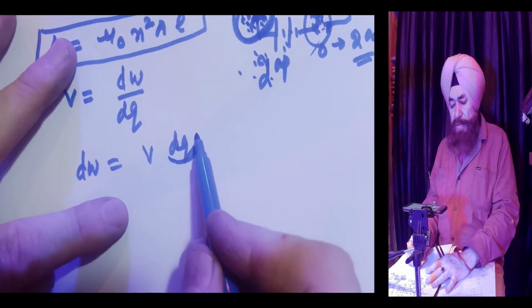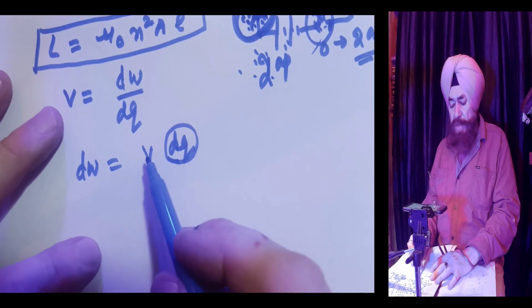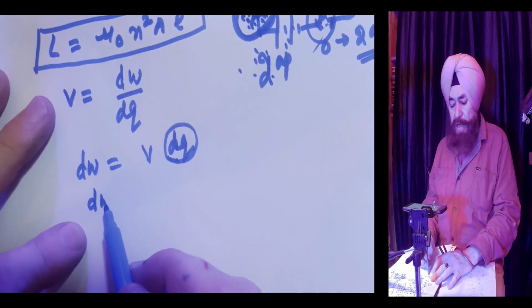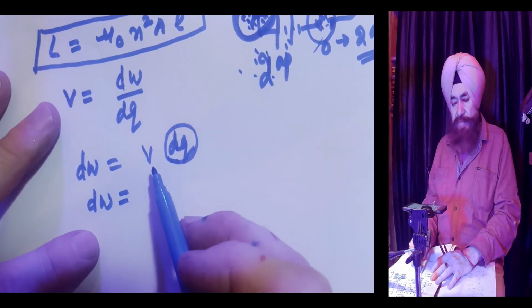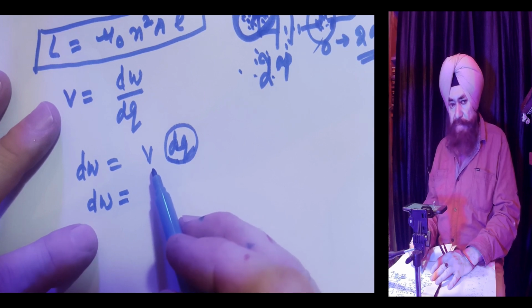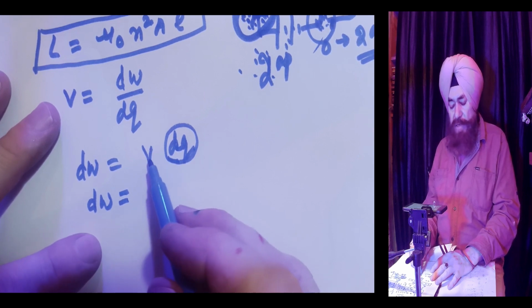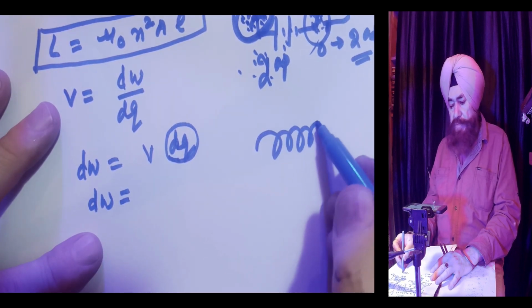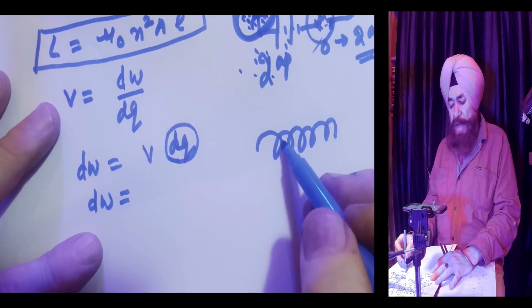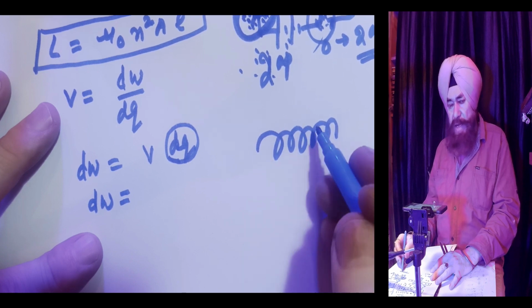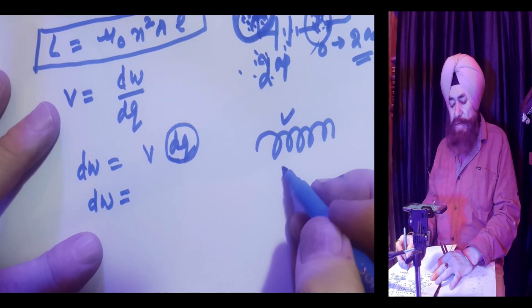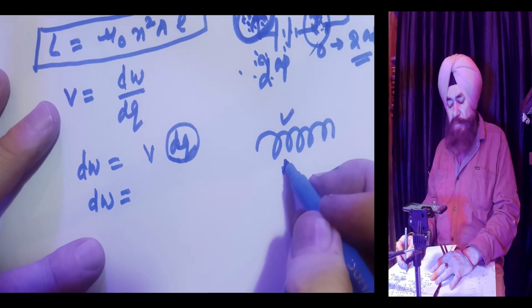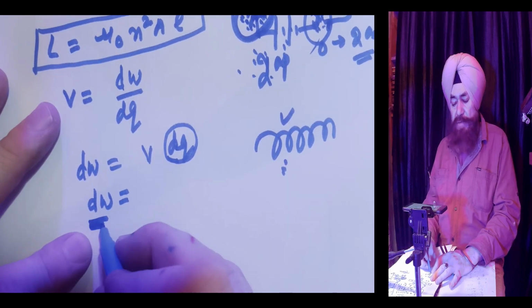Potential into the charge. Now work done: there is self-induction in the coil. Because of self-induction, when the current is rising or when the current decays, it meets opposition. Because of the opposition, work is done.